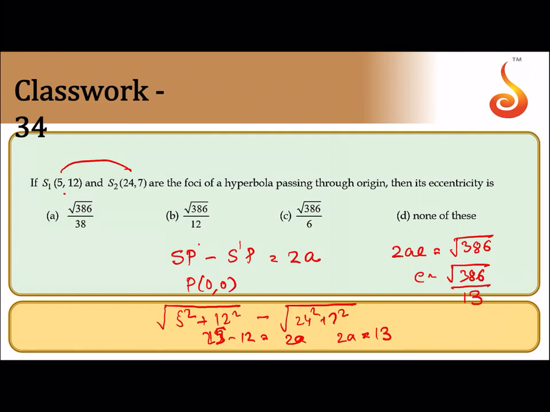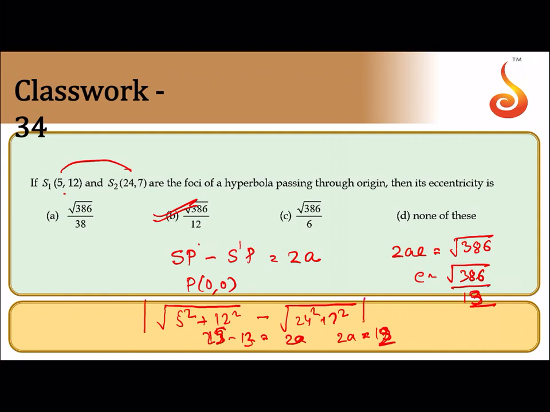So 2a is nothing but 25 minus 13, which is equal to 12. So this will become 12. So option B is correct.